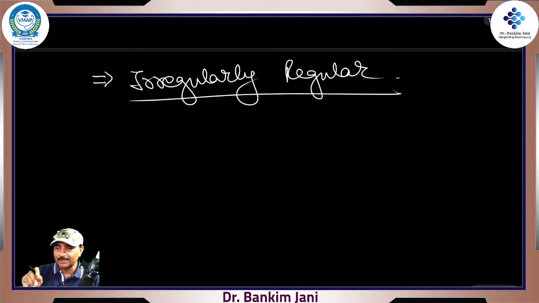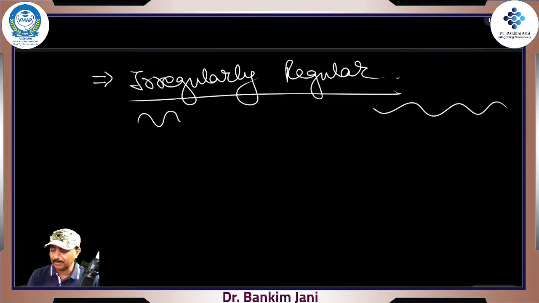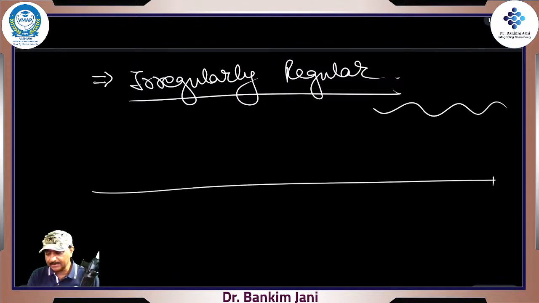In your books, if I say that this is a normal pattern, right? A normal pattern, a normal sine wave, this is our normal pattern. So over here, if I draw like this, can you draw irregularly regular? I'll give you 10 seconds. Try to draw how irregularly regular would be.